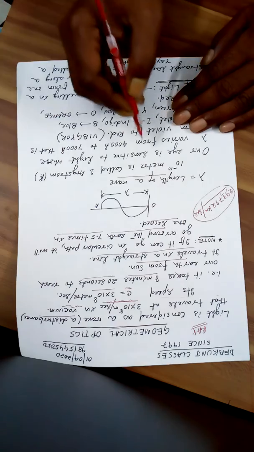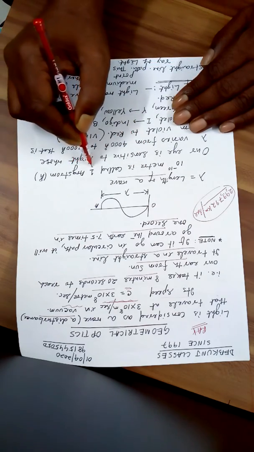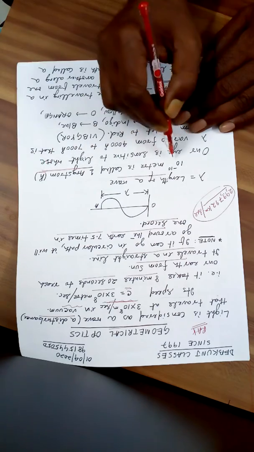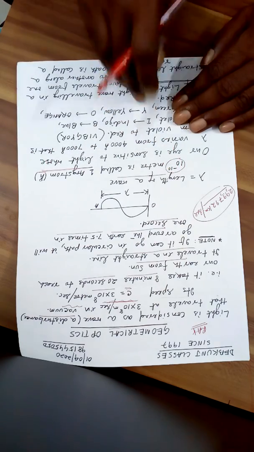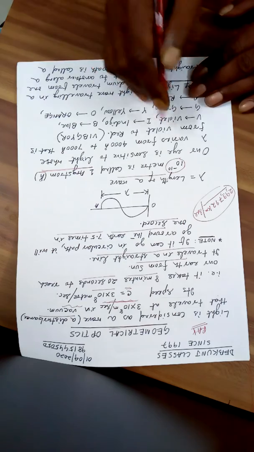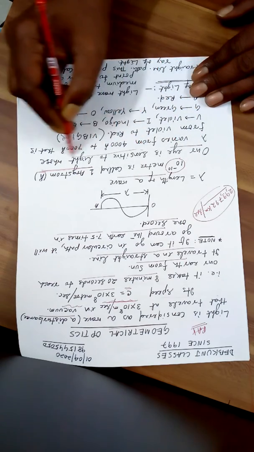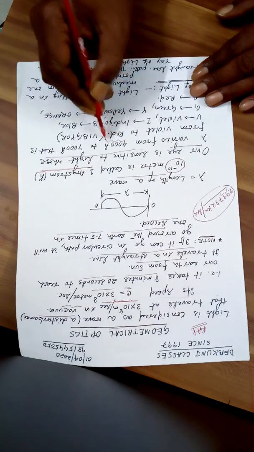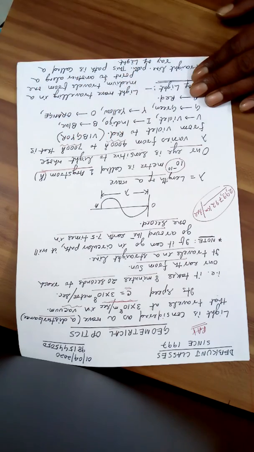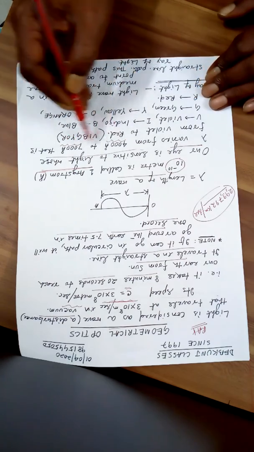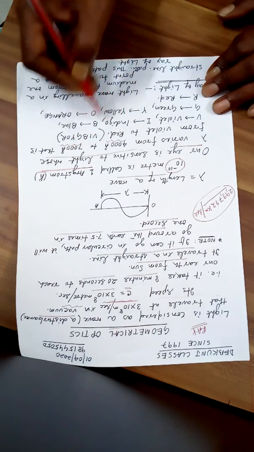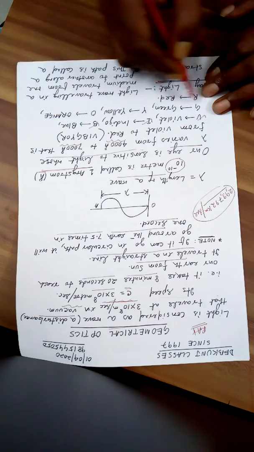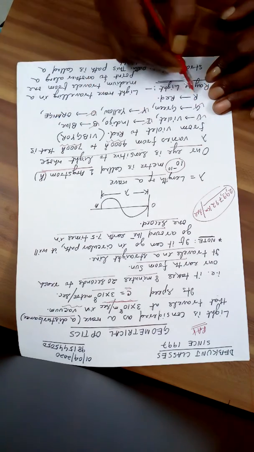The smaller unit is called angstrom. 1 angstrom is 10 to the power minus 10 meter. Our eye is sensitive to light whose wavelength varies from 4000 angstrom to 7000 angstrom. And from here to here, there are the 7 different colors: violet, indigo, blue, green, yellow, orange and red.